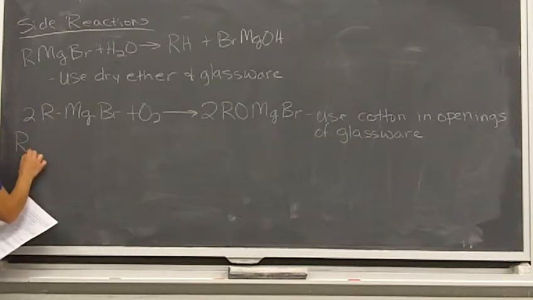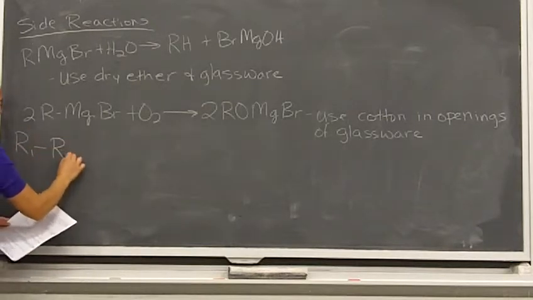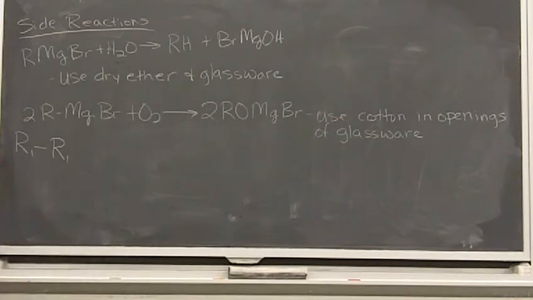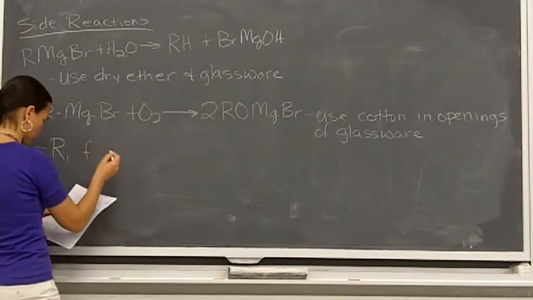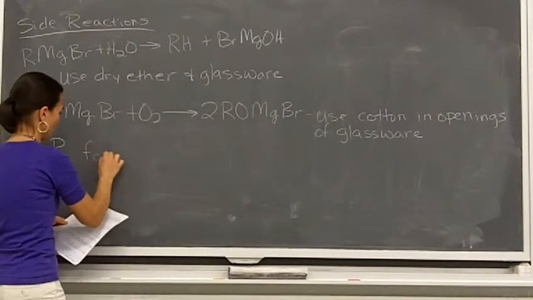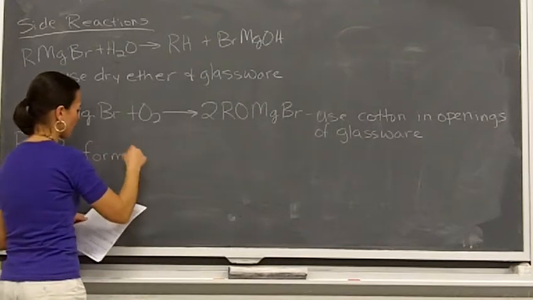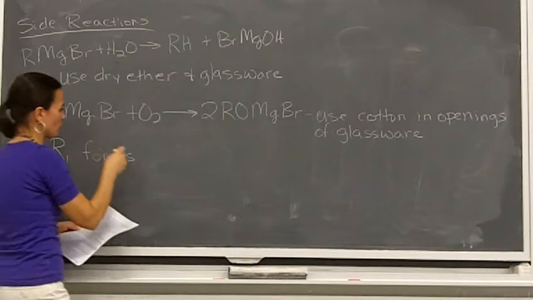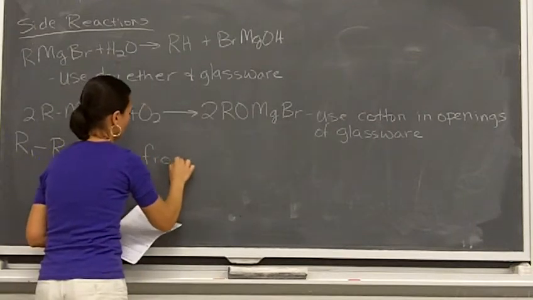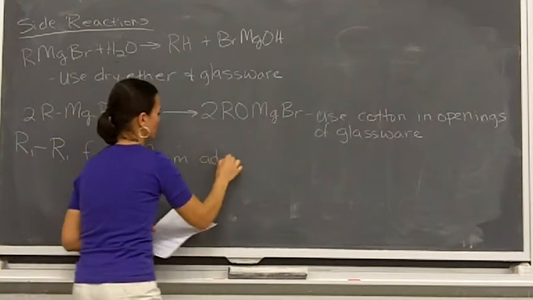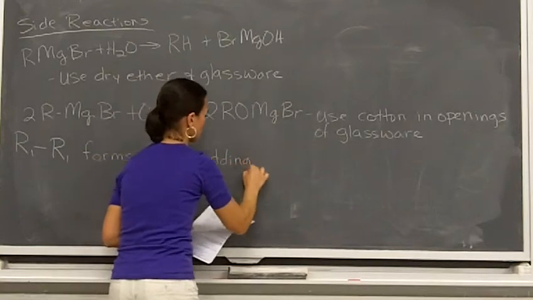Then another thing that can form is you can actually have your two alkyl groups reacting together. So we could have two butane groups reacting and form octane, and this forms from adding your alkyl bromide too quickly to the magnesium.